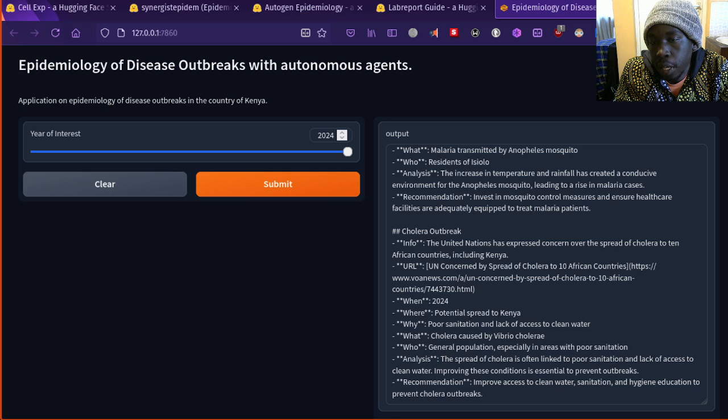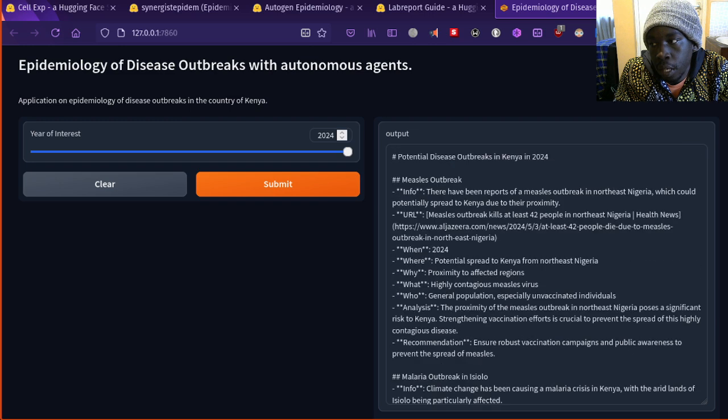And lastly, we have this one where you just look at the date of interest, which is 2024, and this tool will be able to go and gather information about what's going on when it comes to disease outbreaks, and then come up with a report like this and present it like an epidemiologist would, where they cover the where, when, why, what, and who.